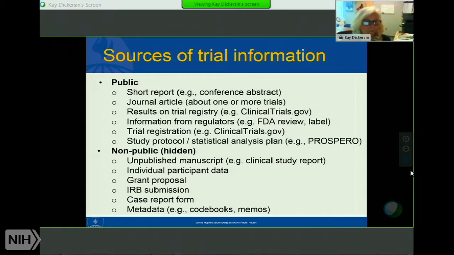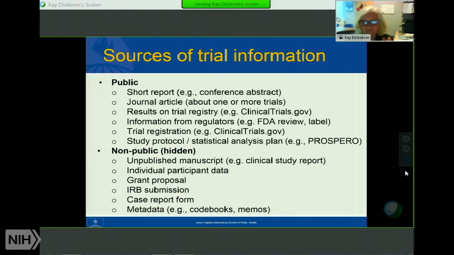So there's public reporting, which could be a conference abstract, journal articles. We have trial registry in clinicaltrials.gov, and WHO has a register of registers. Some observational studies are there as well, but there isn't a law to sort of help you along. We have FDA reviews. You can go to the FDA website and look at drugs at FDA.